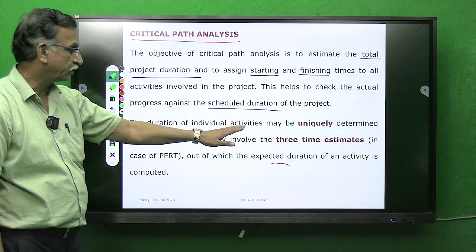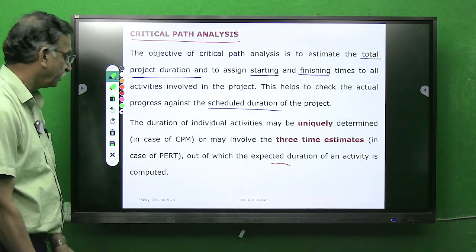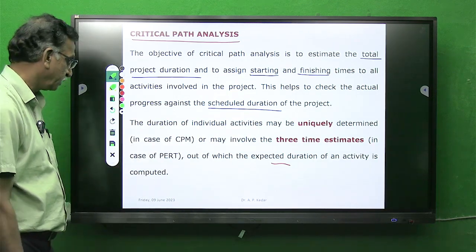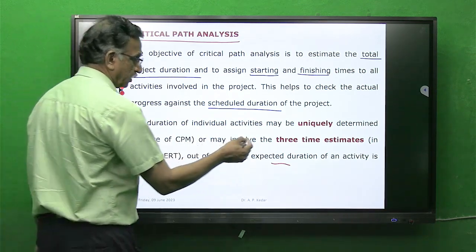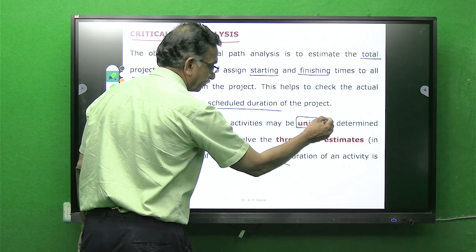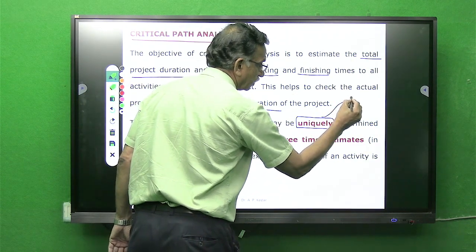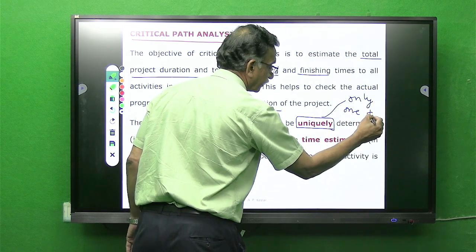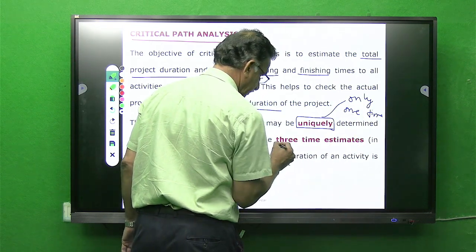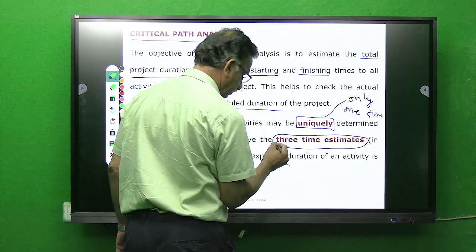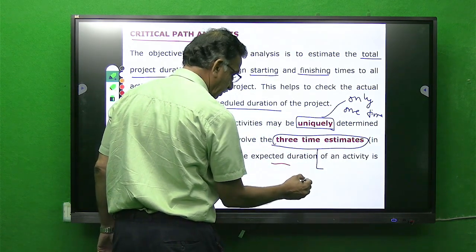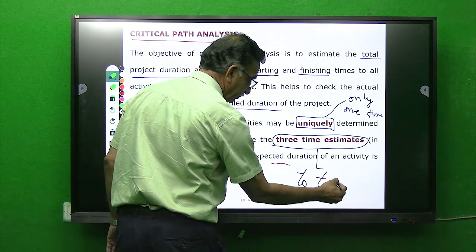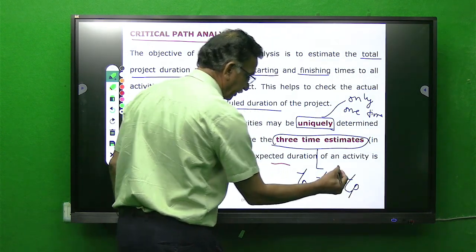The duration of activities may be uniquely determined in case of CPM, or may involve 3 time estimates in case of PERT. Uniquely means only one time, and here we have seen 3 time estimates. If you recall, these 3 time estimates were TO, TM and TP.